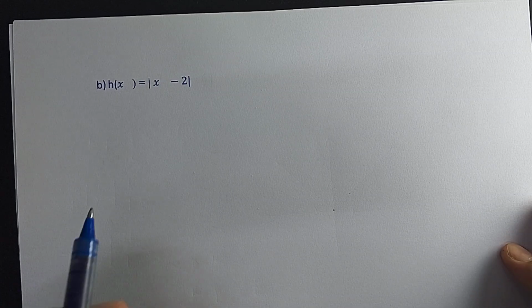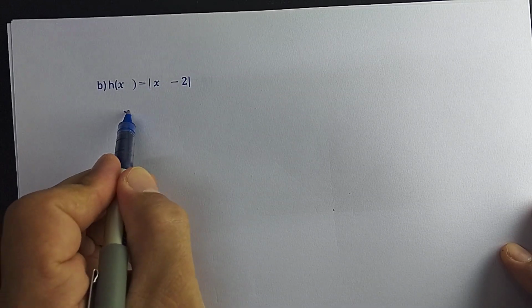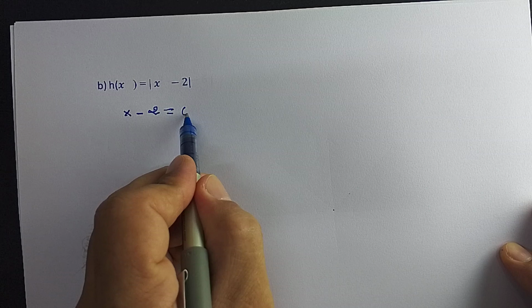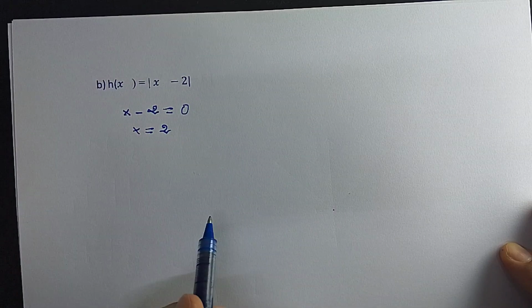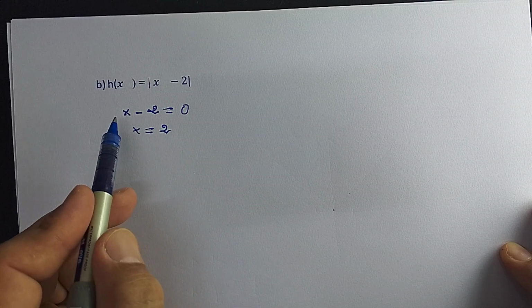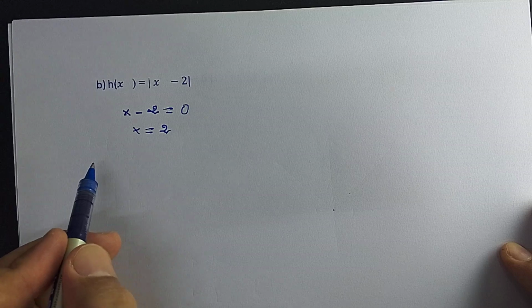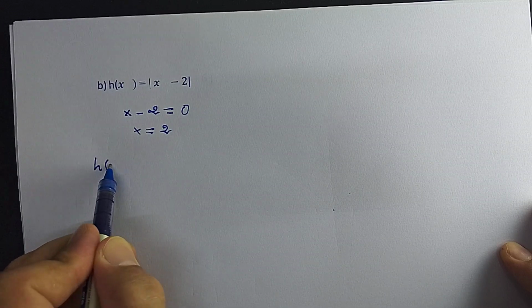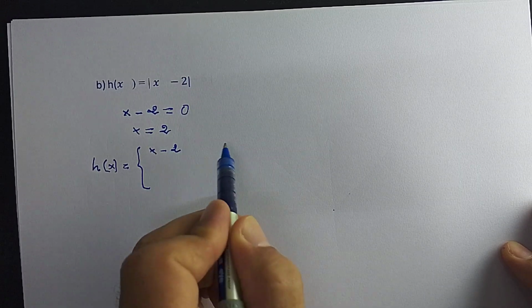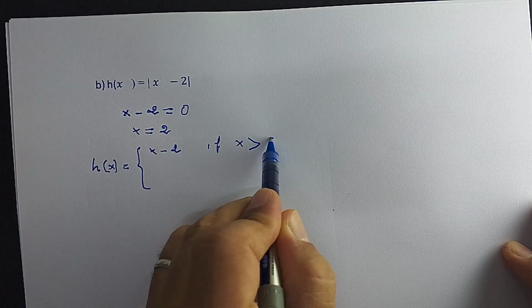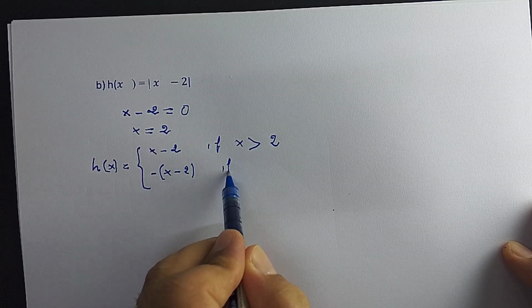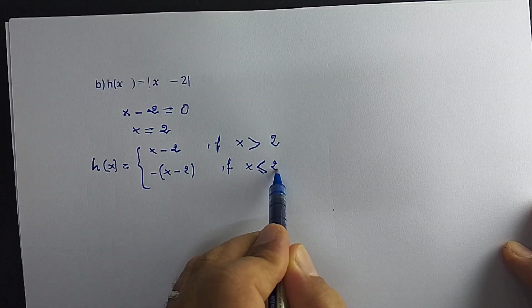The same approach: I find when the value inside the absolute value equals 0, so x equals 2. At the point x equals 2, the sign changes. So I can write another expression of h: equal to x minus 2 if x is more than 2, and minus (x minus 2) if x is less than 2.